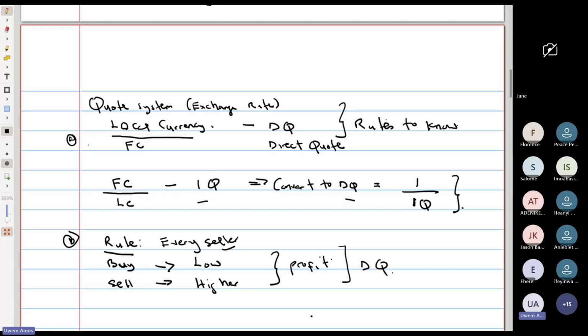So we just apply the rules. And what is the rule? The FX dealer, if we are buying, will sell to us at a high rate. But if we are selling to them, they will buy from us at a low rate. So what are we trying to do?